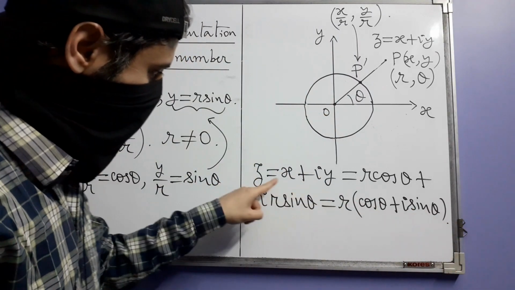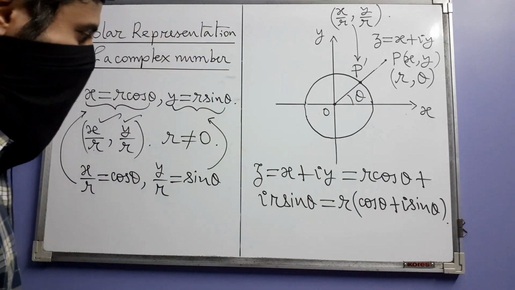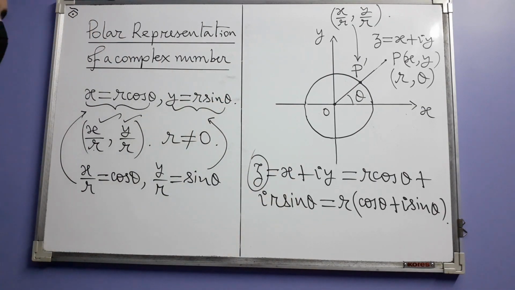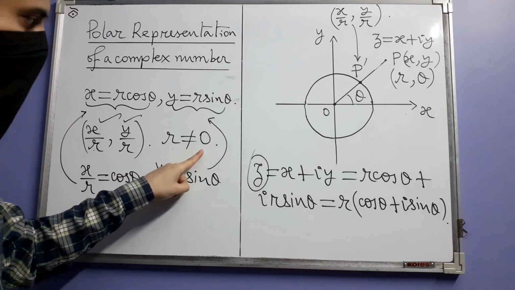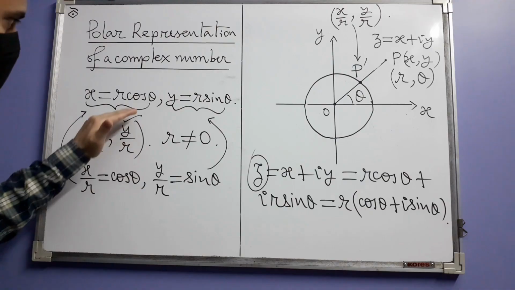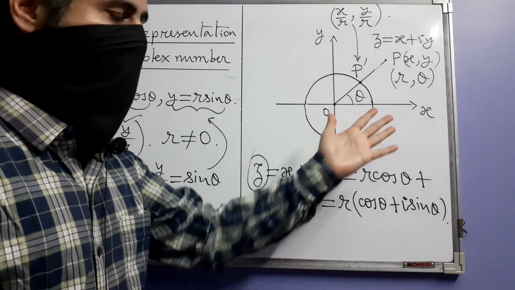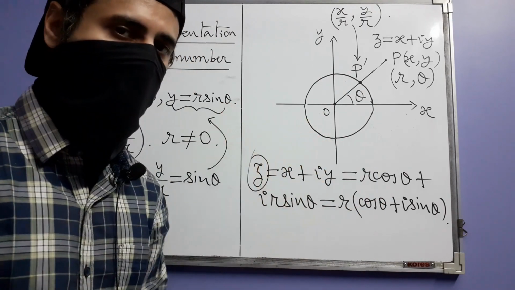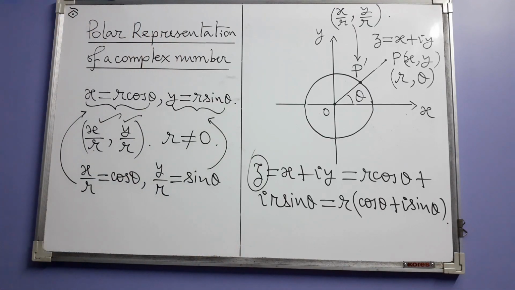This representation of z in terms of r and theta is called the polar representation of this complex number. And do not forget this condition, okay? Because we needed this condition to establish this relation, this means that every complex number has a polar representation except the complex number z equal to 0. Okay, so that restriction is there. So that's the polar representation, nothing else.